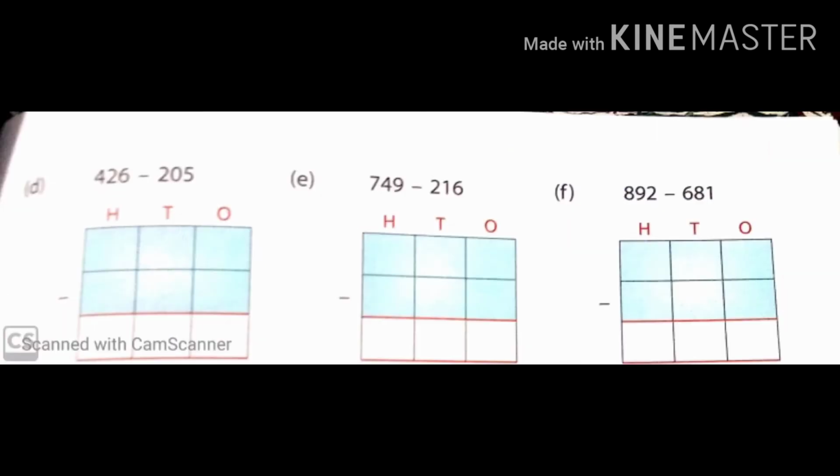Now write it in the correct place and subtract. 426 minus 205. 749 minus 216. 892 minus 681.